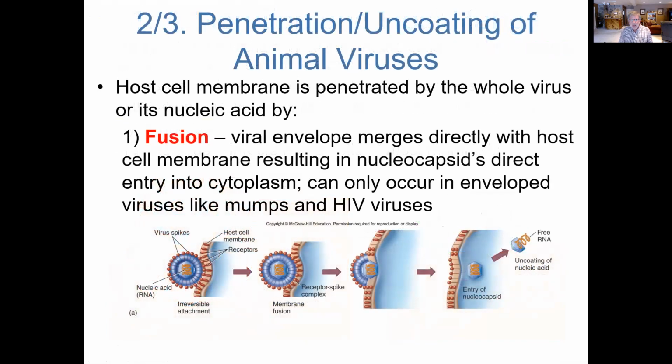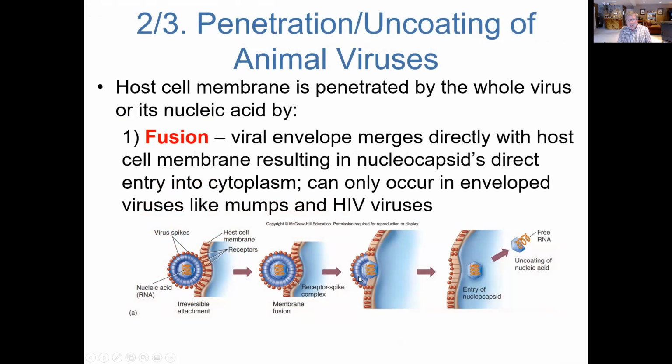Once we have the adsorption of the virus, then, of course, we have to have penetration. And this is what the first of the two videos in the preceding slide talks about, fusion, for example, here. Fusion is simply discussing how this enveloped animal virus is coming into contact with the surface of the host cell. Remember, the spikes fitting into the glycoprotein receptors.